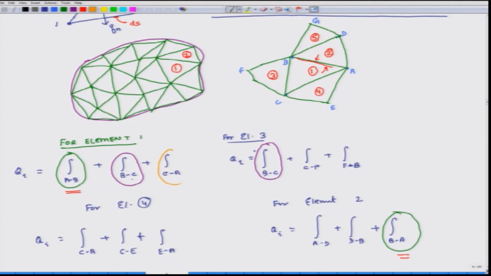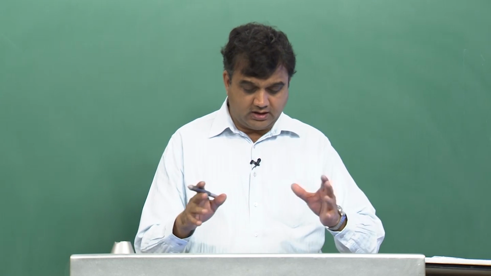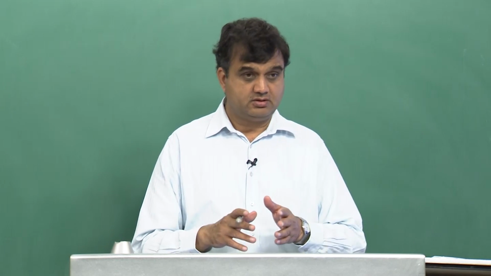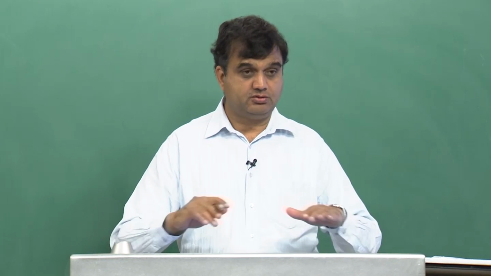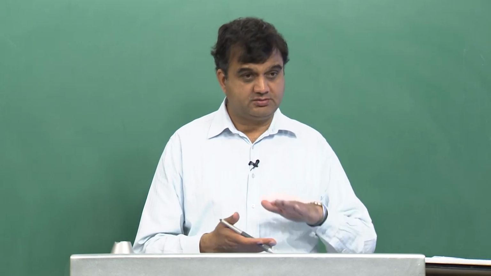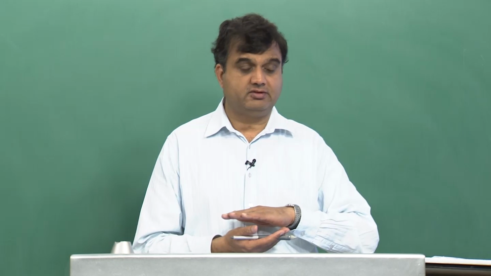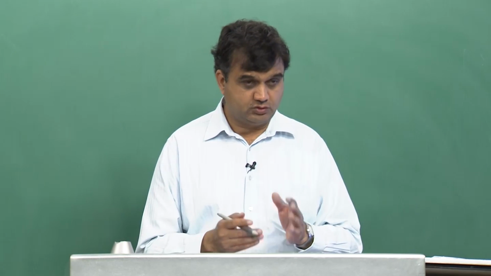So, this term will cancel out this term. So, what I see is that because an element is surrounded on all its 3 sides by other elements, when I do the assembly, the boundary terms will add up and their total will be 0, okay.